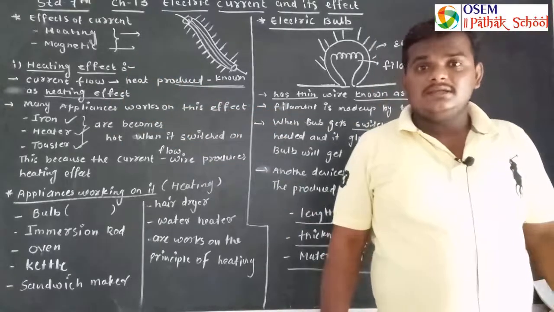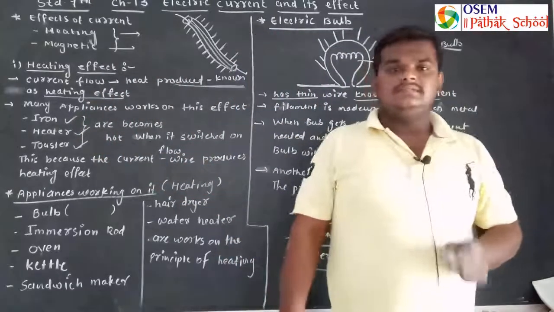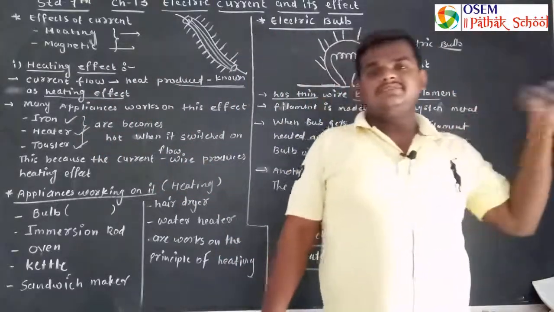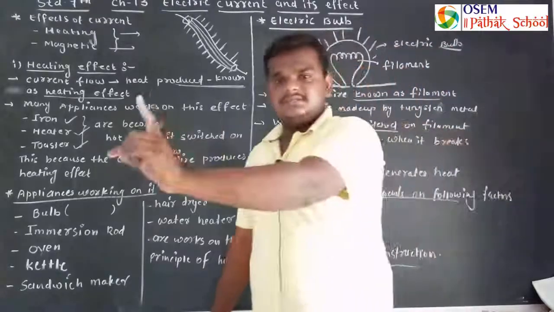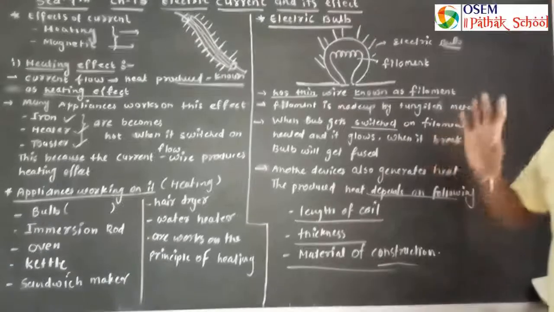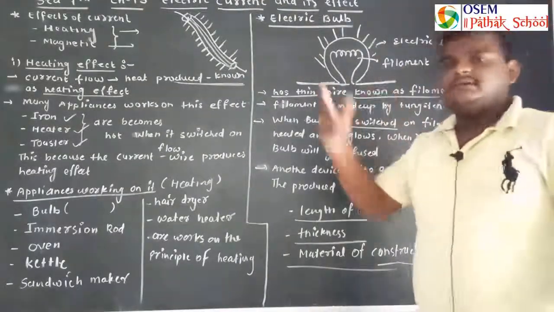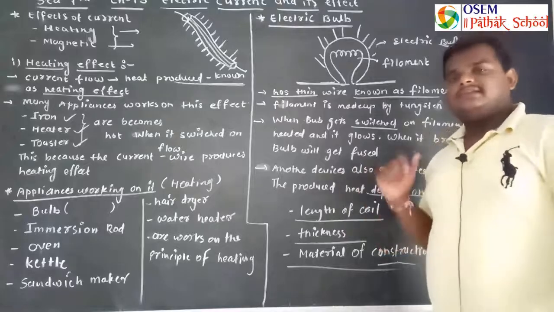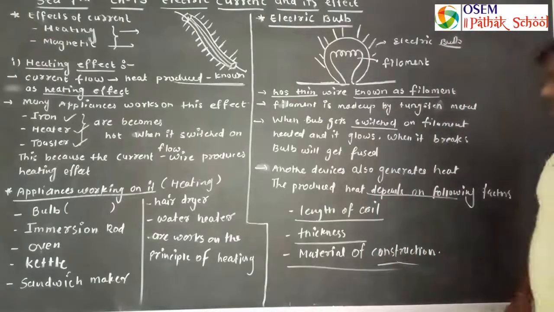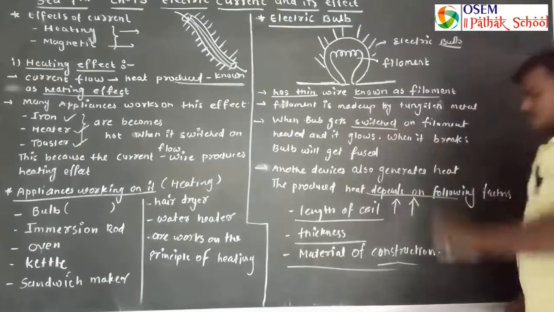Why? Electricity will pass a long distance, and when it covers a long distance, it has to stay more time inside the conductor. That's why more heat is generated. So if the length of the coil is more, heat is more.